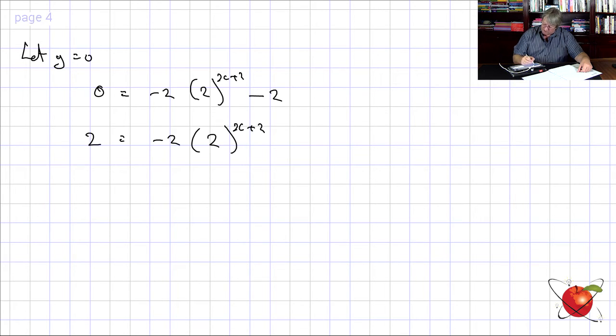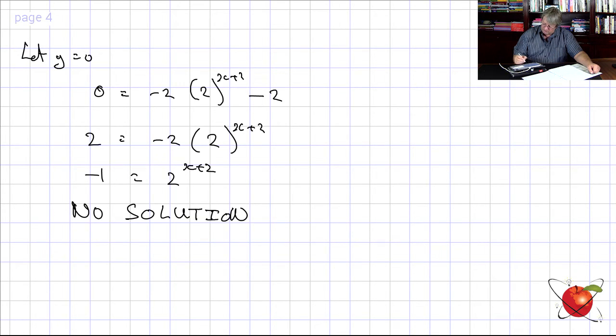Then I take that over and I say that's minus 1 is equal to 2 to the power of x plus 2. No solution. Why not? You cry out in anger and amazement. Why? Because I can't put anything to a power and get a negative number.